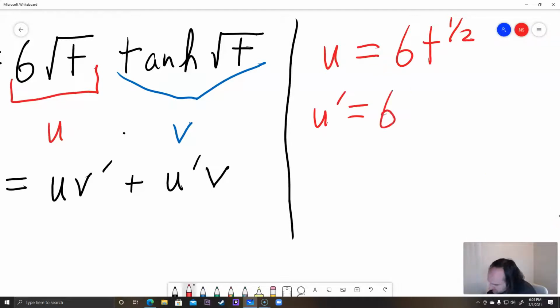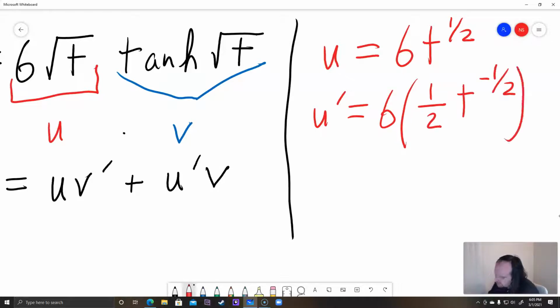So we're going to have 6 times 1/2 t to the negative 1/2. All I did there was the power rule: I brought the 1/2 power out front and then decreased the exponent by 1. So 1/2 minus 1 is negative 1/2.